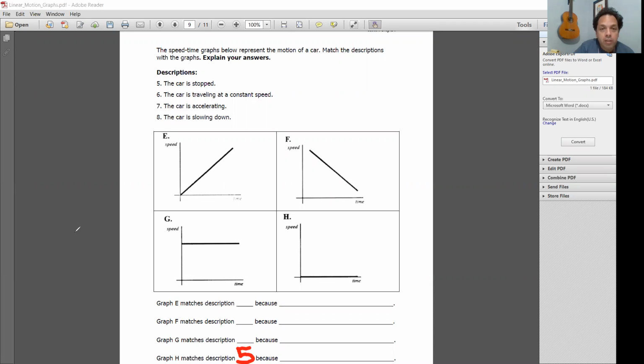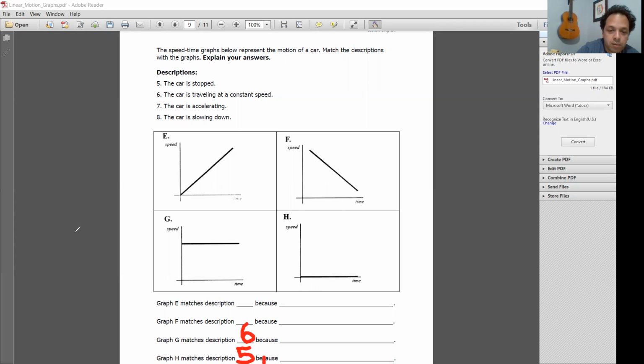Okay. The car is traveling at a constant speed. Constant speed. I'm going to say G and H. Constant speed, that's 6.